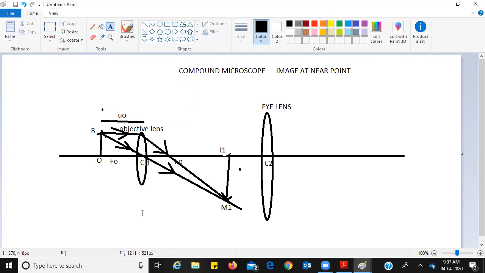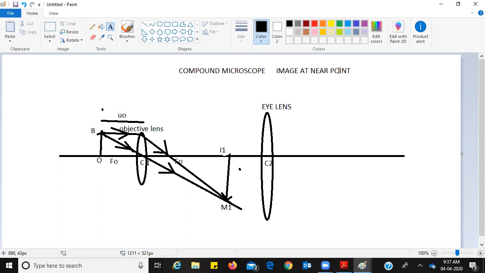So I had a bit of confusion for the near point. The far point was fine. If C2's focal length is 10 centimeters, where should I1 be formed, for the near point?